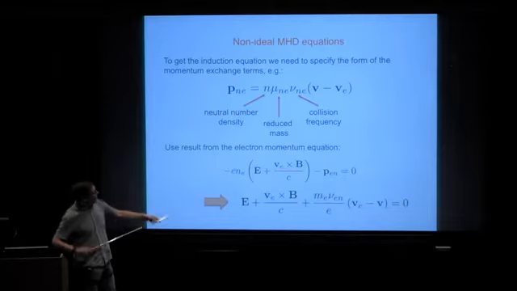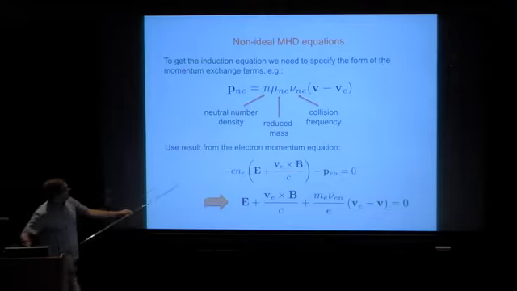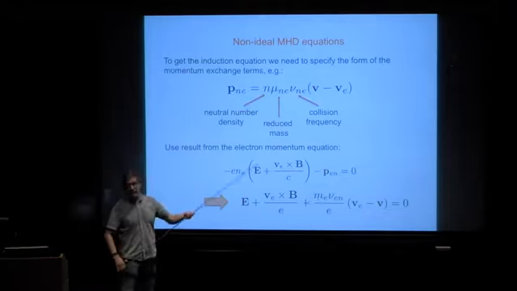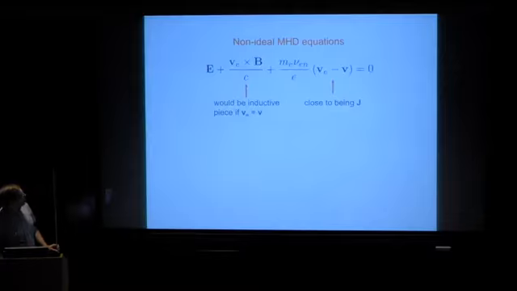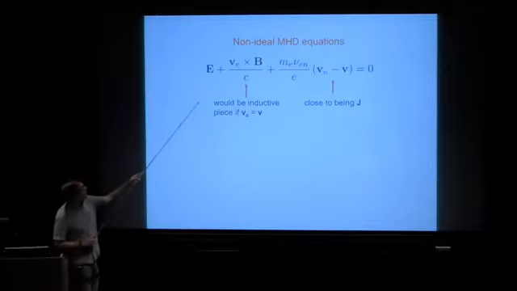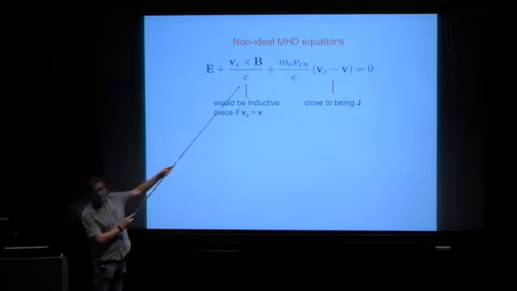Okay, and then we can substitute for the collision terms here. Here we've made a substitution because the reduced mass becomes basically the electron mass when we're considering very different masses. So that's what we have, and that's close to the sort of thing we might like, right? Here we have this equation. This is V cross B over c.